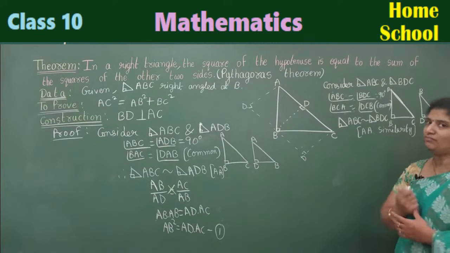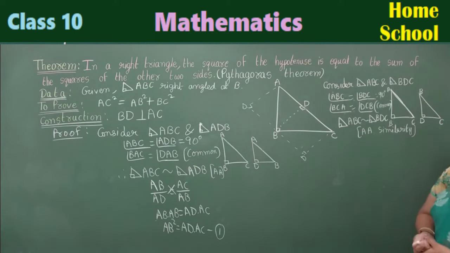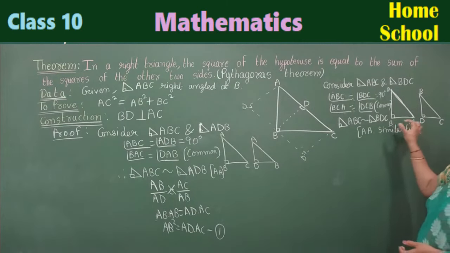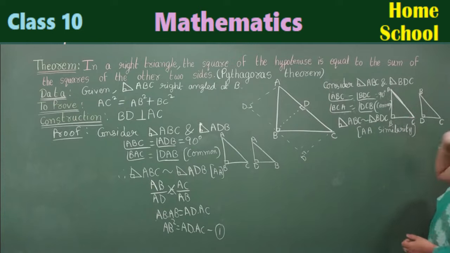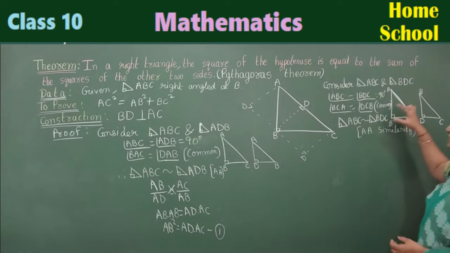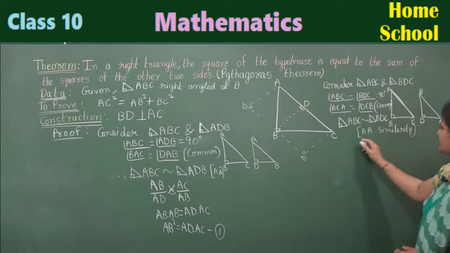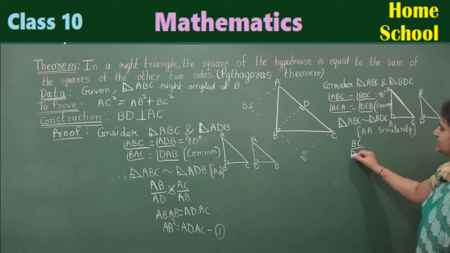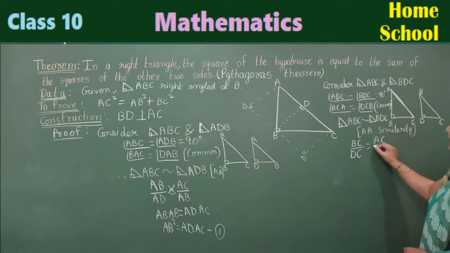Now if they are similar, what do we remember? The ratios are in proportion. Which ratios? Observe the common side. Where is the common side here? BC. BC is there in both triangles. BC is at the base in one and BC is at the hypotenuse in the other. So take BC by DC is equal to AC by BC.